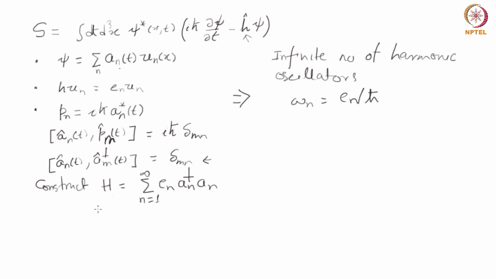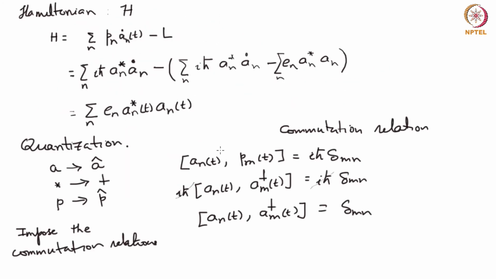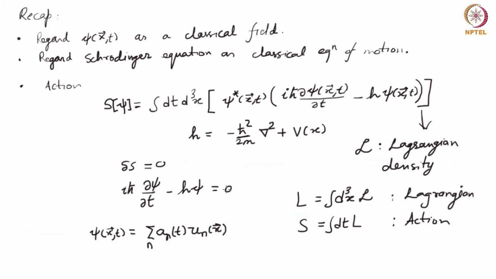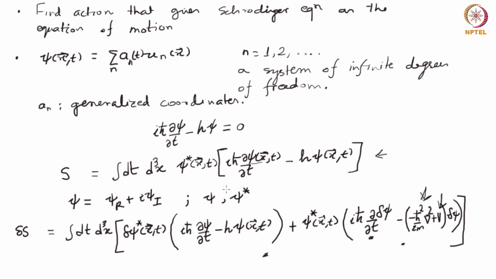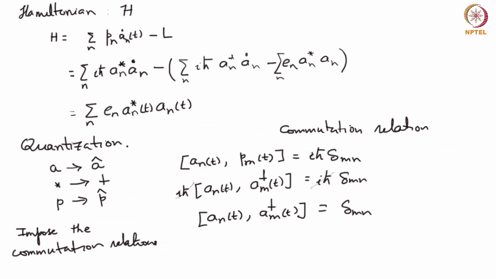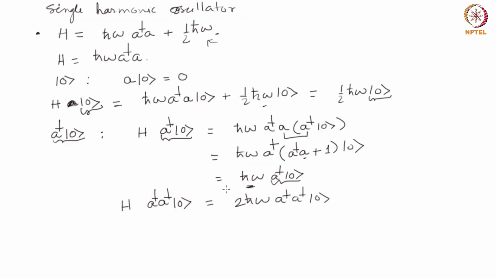Here, A M and A N dagger give delta M N. What is not written here, I thought I had already said. Let me check. Somehow I missed writing that.